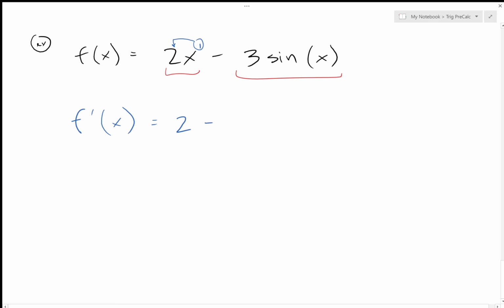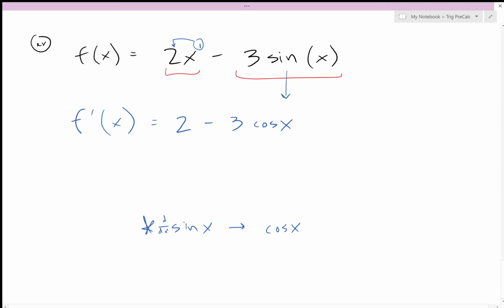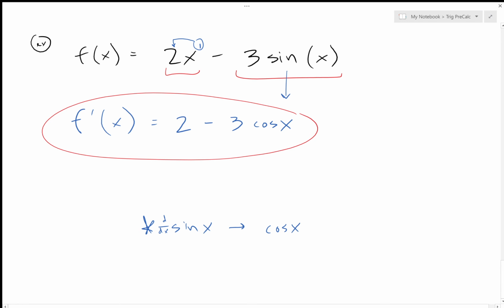Minus, and then the note down here from the rules from yesterday, the derivative of sine x is cosine x. So we're going to replace this with cosine x, so negative 3 cosine x. Alright, so just a little bit more review on these derivative type problems.